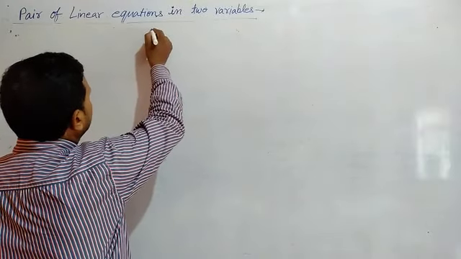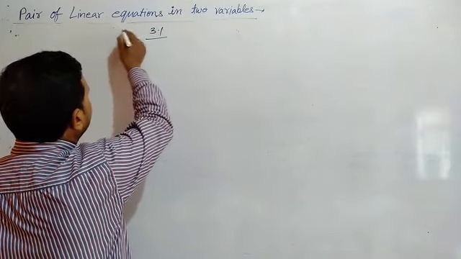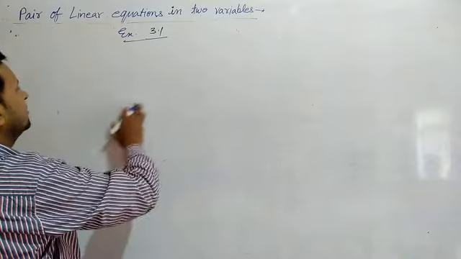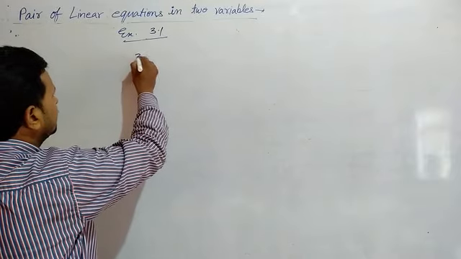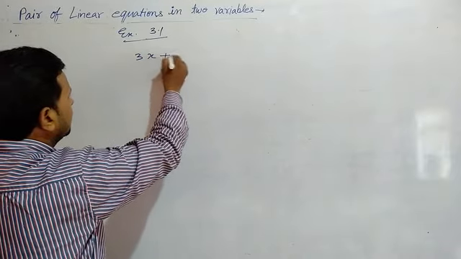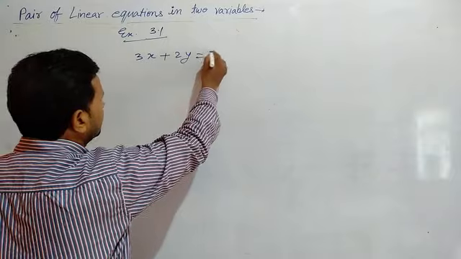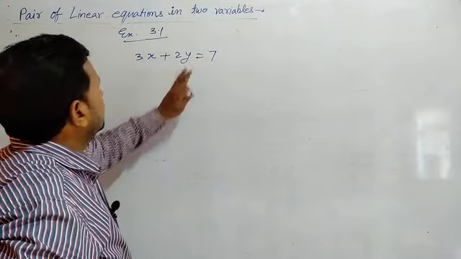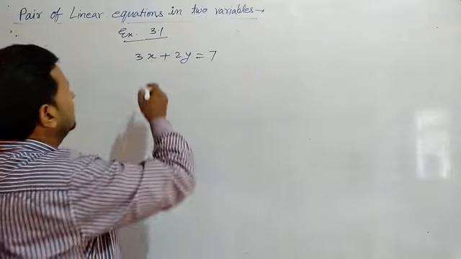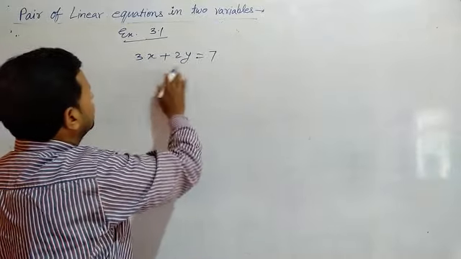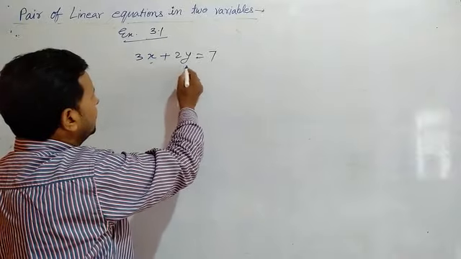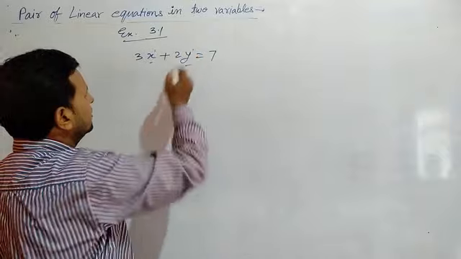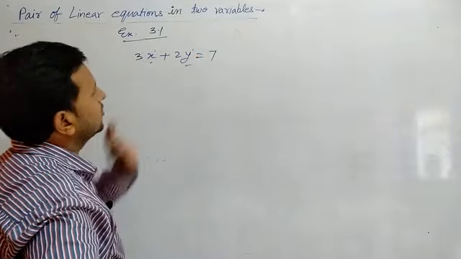Suppose that this is exercise 3.1, and one equation is given here: 3x plus 2y is equal to 7. See here this equation. It is a linear equation in two variables, because x is one variable and y is another variable, and its highest exponent is 1. Okay, so it is a linear equation.